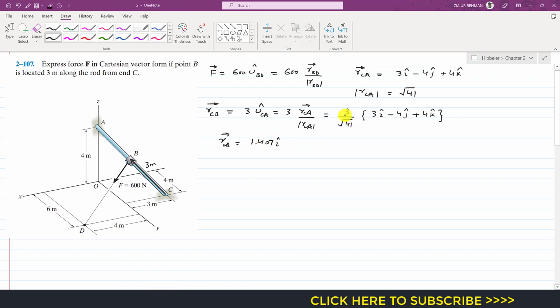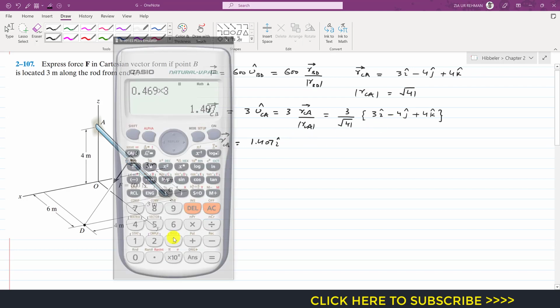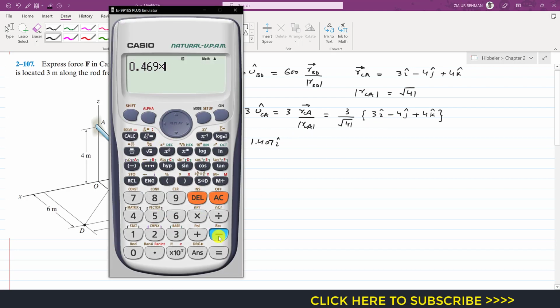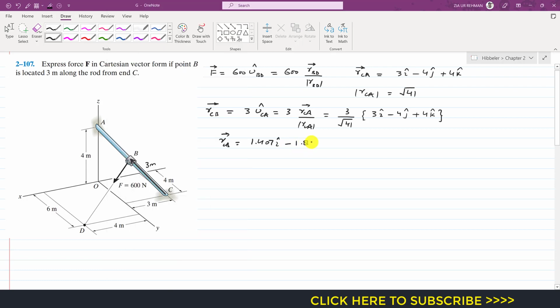Then again we need to multiply this ratio by minus 4, so this is minus 1.876j, and then we will have plus, again this ratio multiplied by plus 4, so we will have 1.876k. So this is the position vector from C to B.